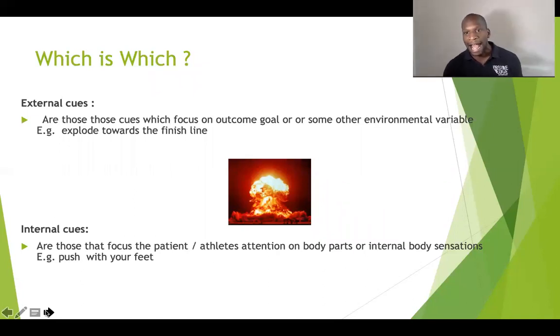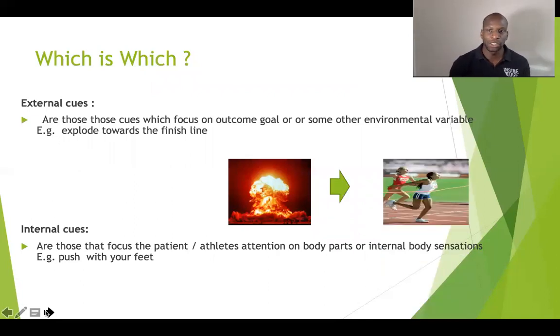Often it is very much rich in description, rich in direction, and also rich in distance. So for example, if we had someone coming out of the blocks during the acceleration phase of a sprint start, we might say explode out of the blocks towards the finish line, as an example, and that would be very much an external focus.